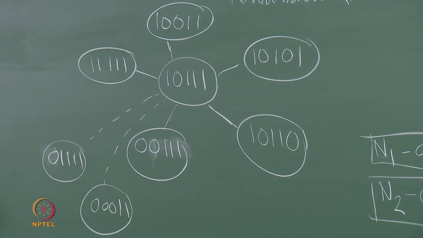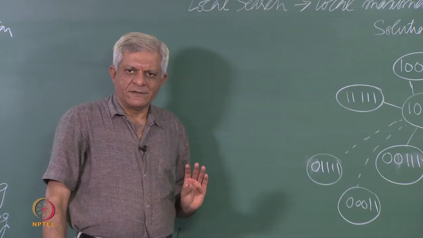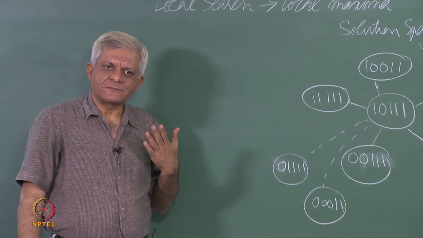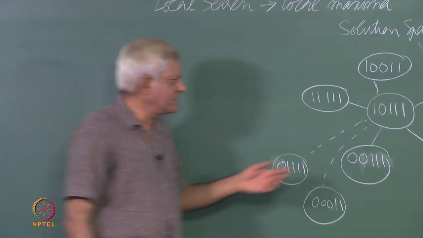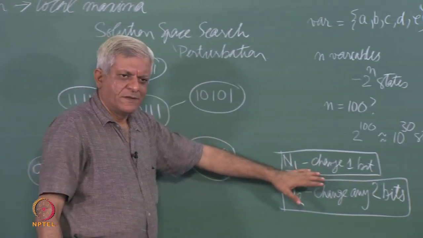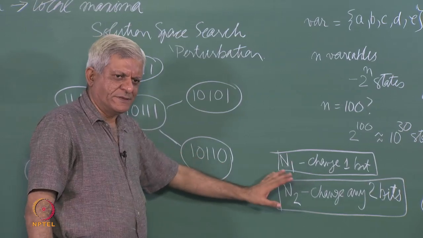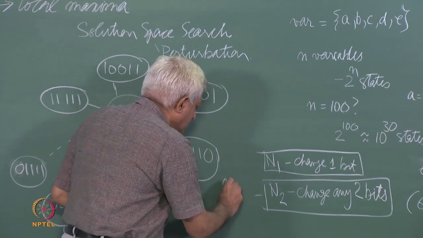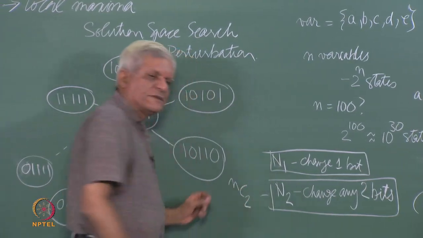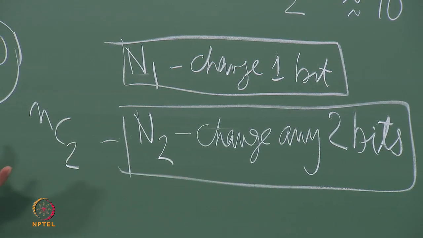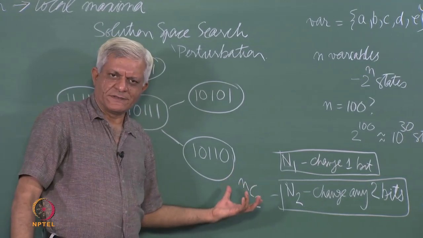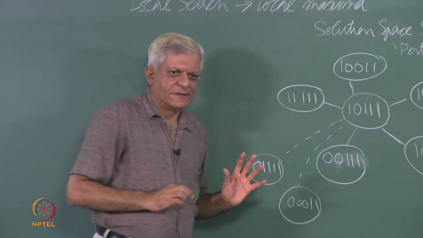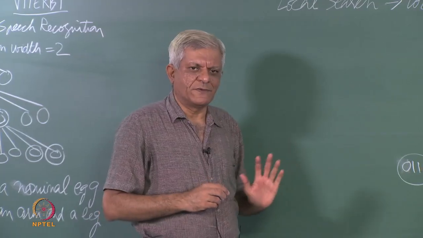It gives me a different set of neighbors. Not only does it give me a different set of neighbors, it gives me more neighbors. So, this n1 gives me 5 neighbors or n neighbors if n variables are there. This n2 gives me nC2 neighbors. In this example, that is 10 neighbors. So, it is a different neighborhood function. I can choose between different functions.